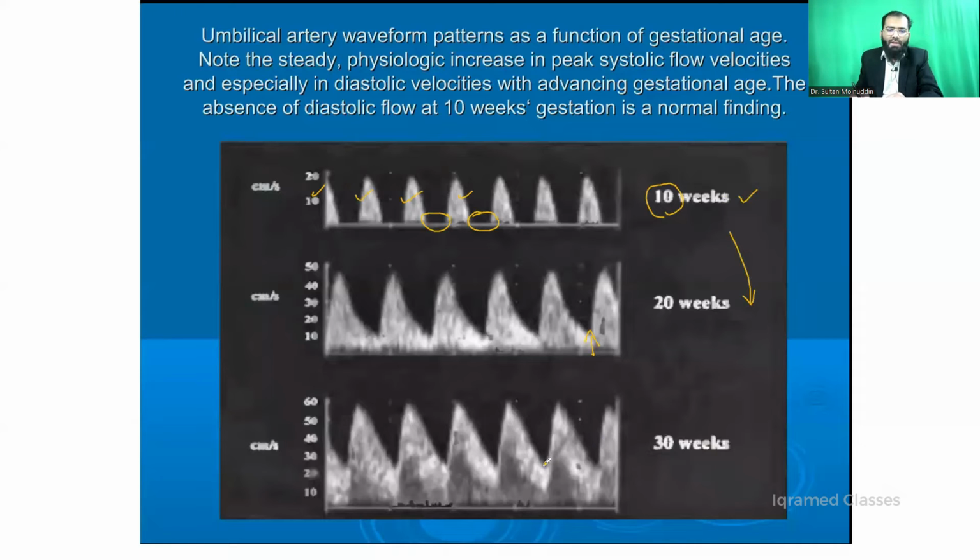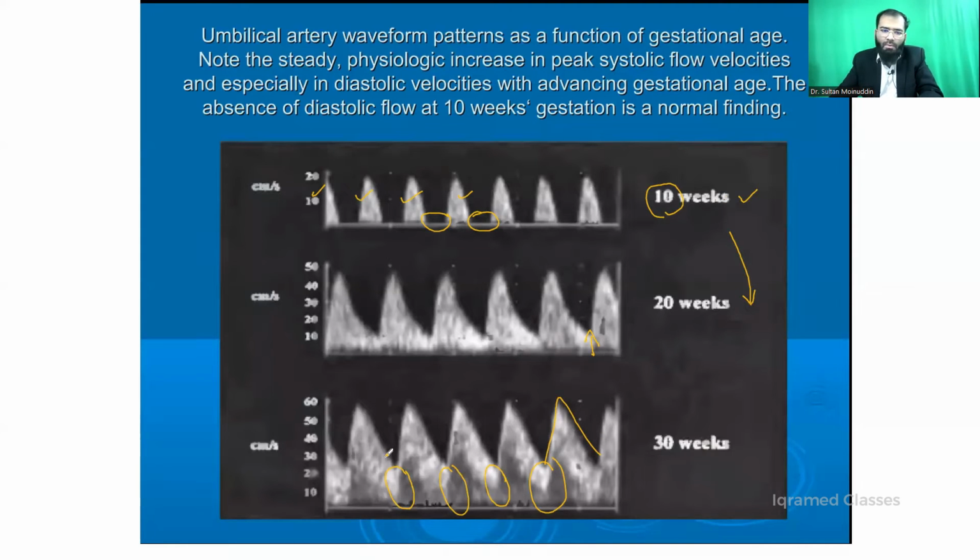And as it grows further, the diastolic flow is there. So the Doppler, which is usually done in the third trimester, after 28 weeks of gestation, you would always find that there should always be end diastolic flow. After 28 weeks, you should not get absent end diastolic flow because that indicates this is abnormal.